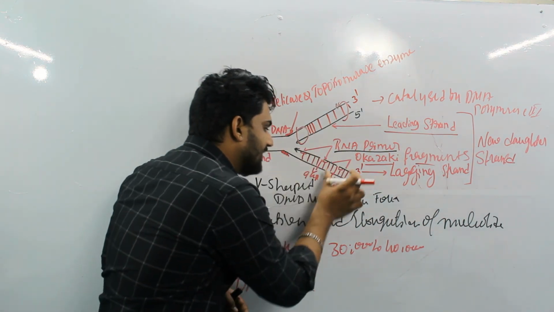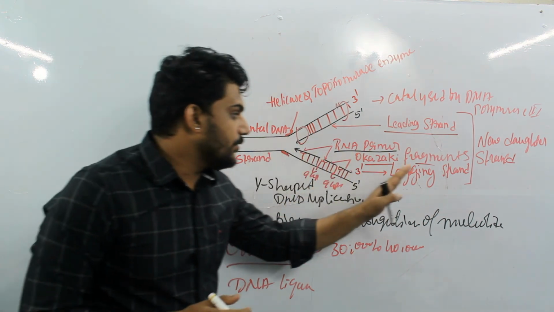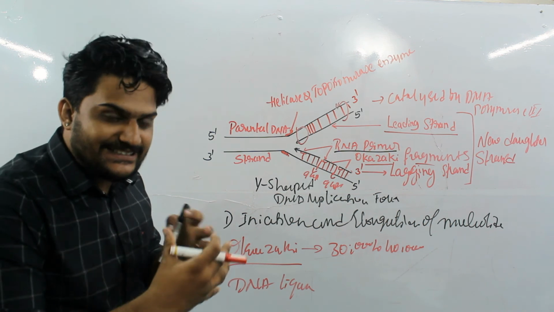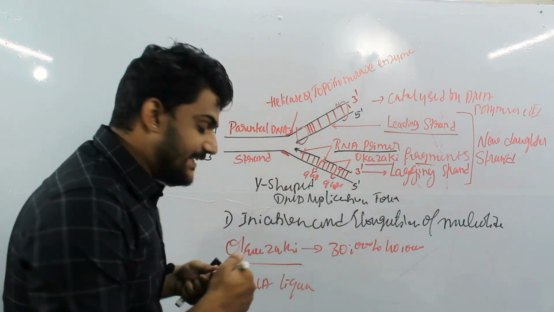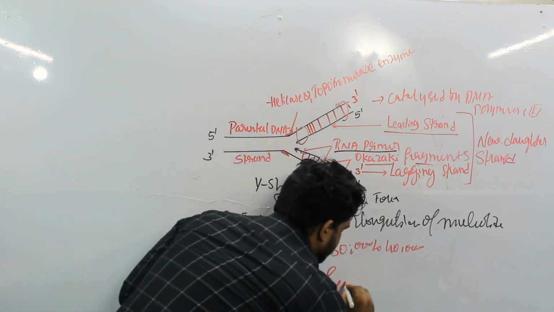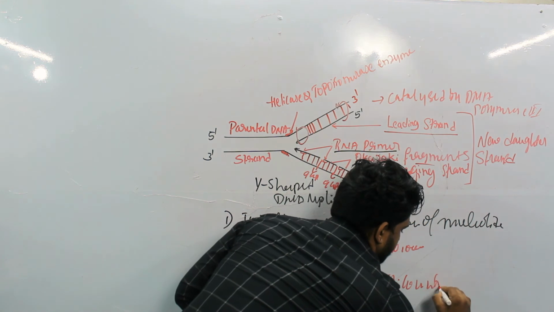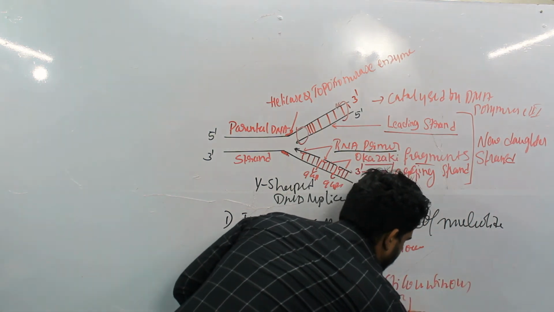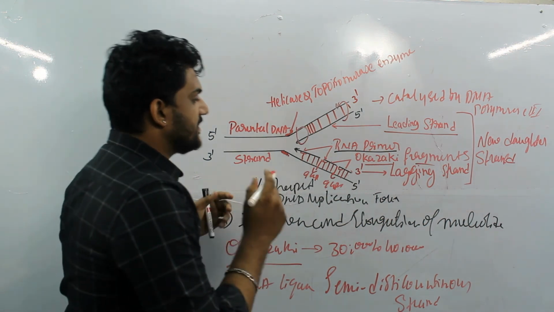That's why the strand which runs from 3' to 5' is known as the lagging strand, because it lags and there is no continuity. It is also known as the semi-discontinuous strand.